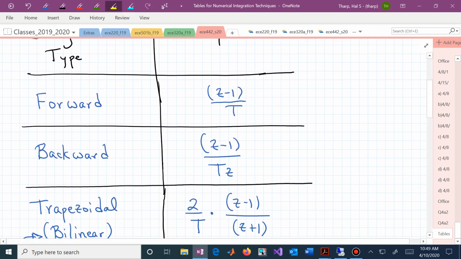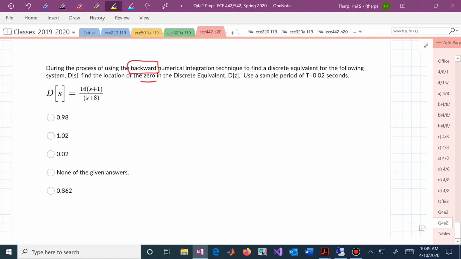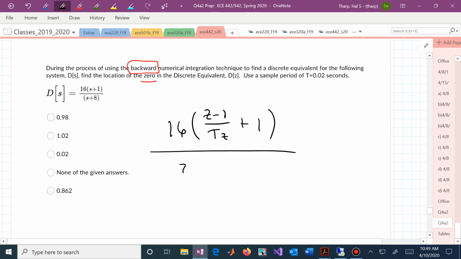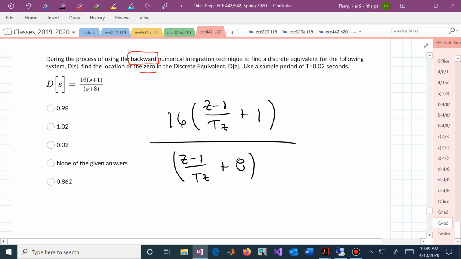That particular question said backward, so now I simply replace everywhere I see an s with z minus 1 over Tz. So here I would have 16 times z minus 1 over Tz plus 1, over z minus 1 over Tz plus 8, as my D of z.